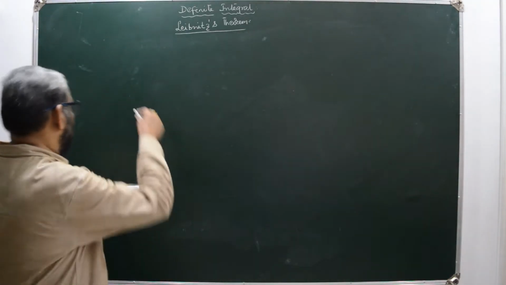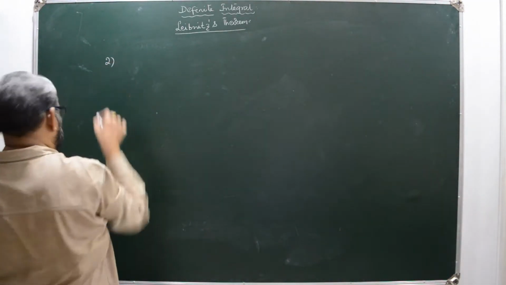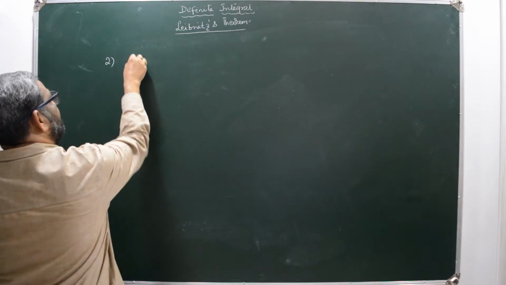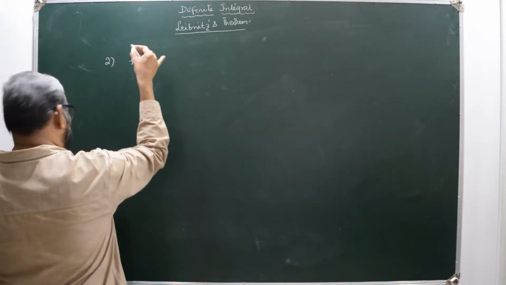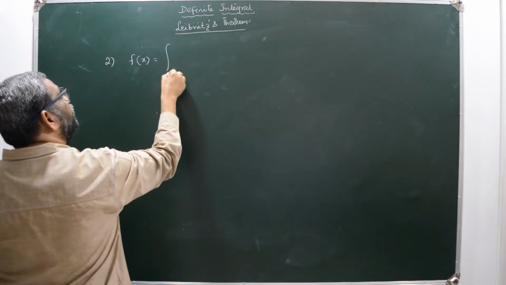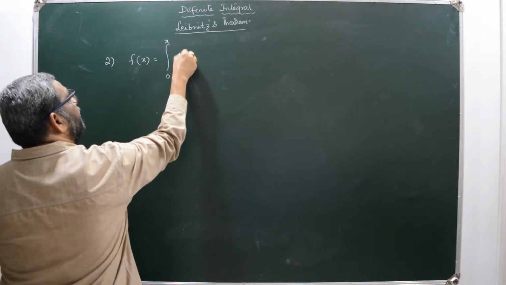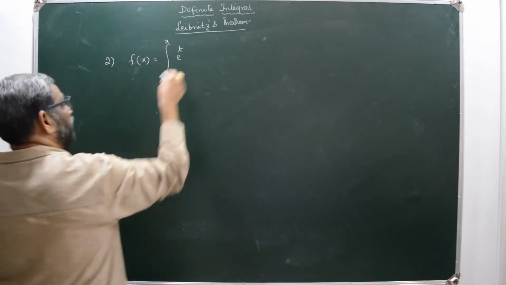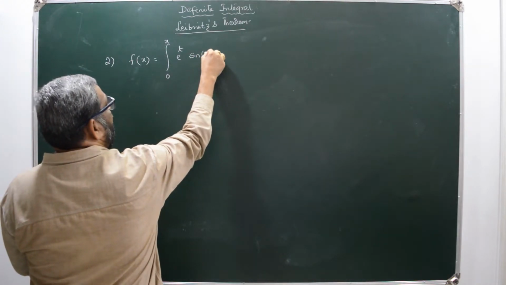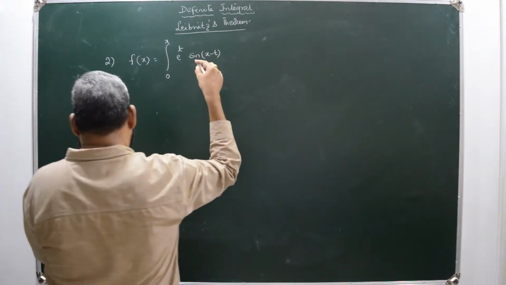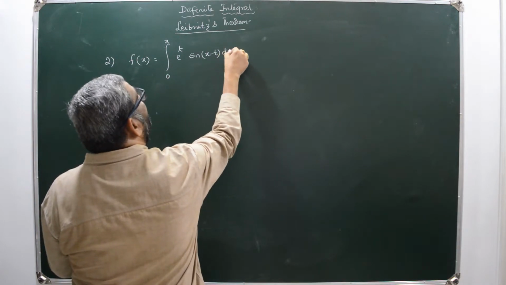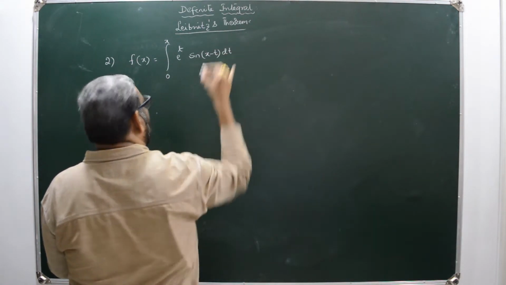The second problem. I'll consider the second problem. f(x) is equal to integral 0 to x e^t sin(x minus t) dt.